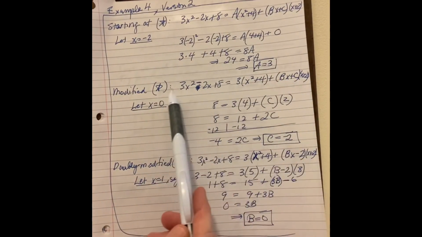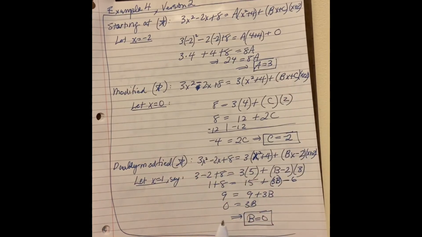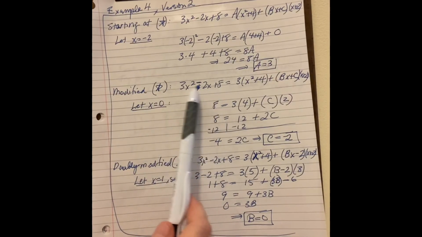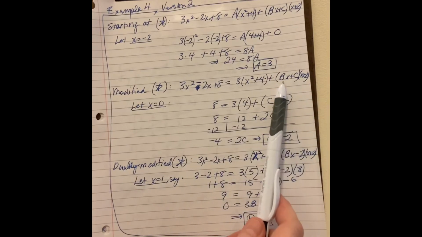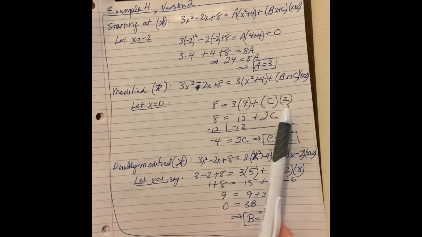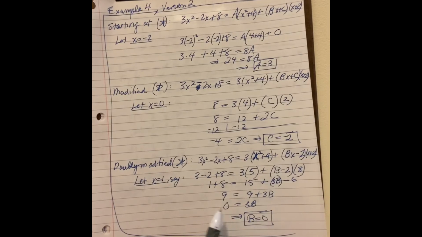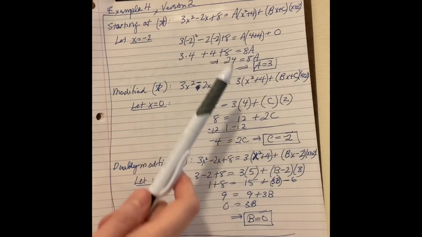Now we've got an equation with two unknowns, b and c. What value of x would get rid of a lot of noise? x equal to 0 is always everybody's go-to. So we'll try that. If you let x equal 0, everything on the left-hand side goes away but the 8. On the right-hand side, lots of things go away, but just this, and you're able to solve for c. c is equal to -2, a is equal to 3.